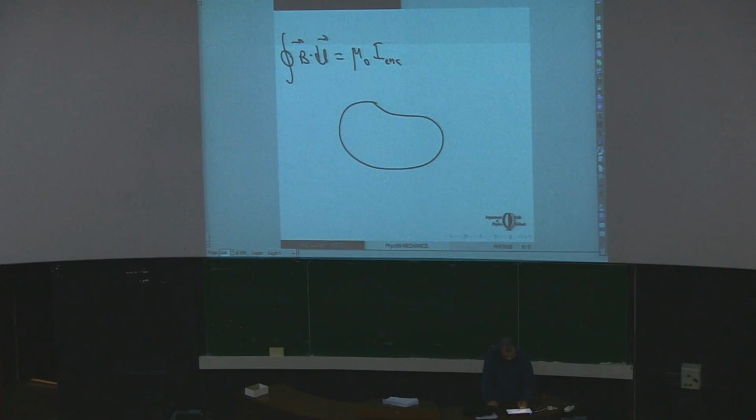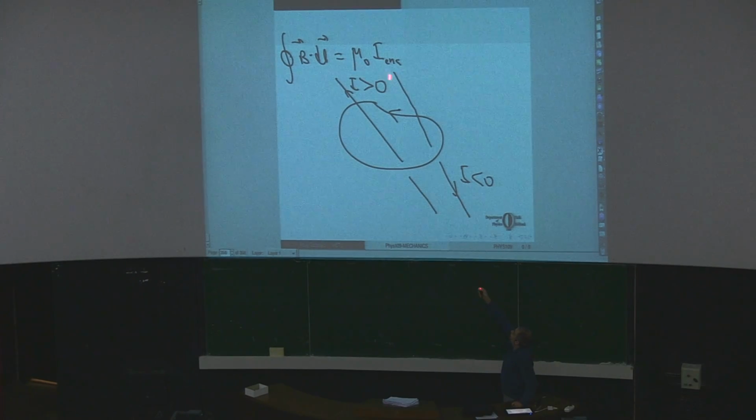It's up to you. You can choose this orientation, let's say. But if you choose a given orientation for your loop, the current running in one direction will have I larger than 0, and the current running in the opposite direction will be I less than 0.